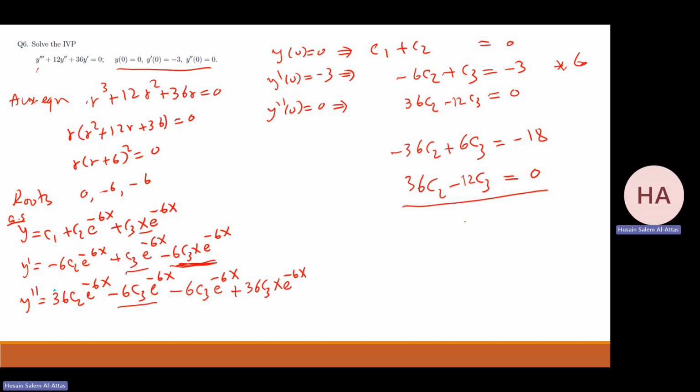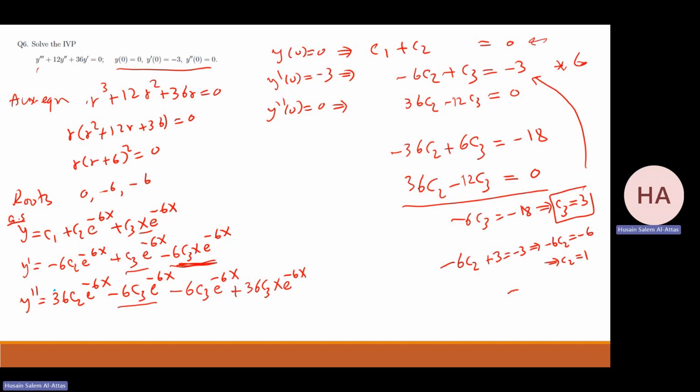Now I add them. I have minus 6 C3 equals minus 18, so C3 equals 3. Plug it here. So I have minus 6 C2 plus 3 equals minus 3. So minus 6 C2 equals minus 6, so C2 equals 1. I plug it here and C1 is equal to minus 1.